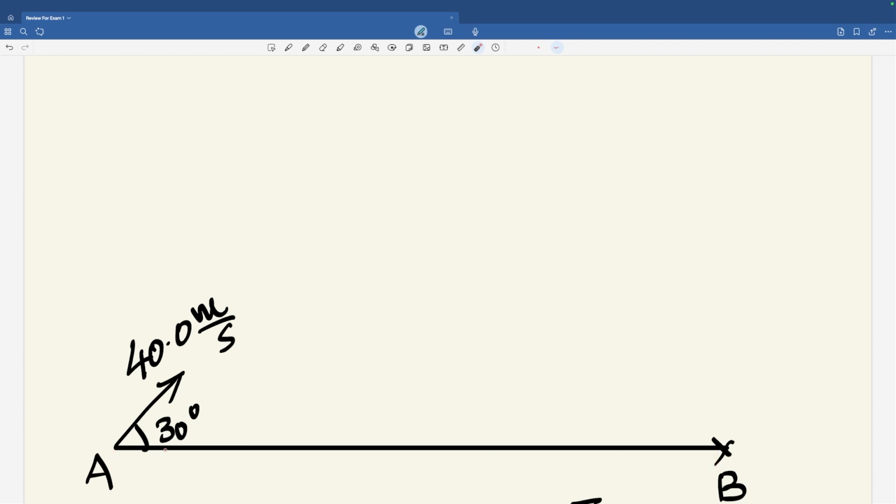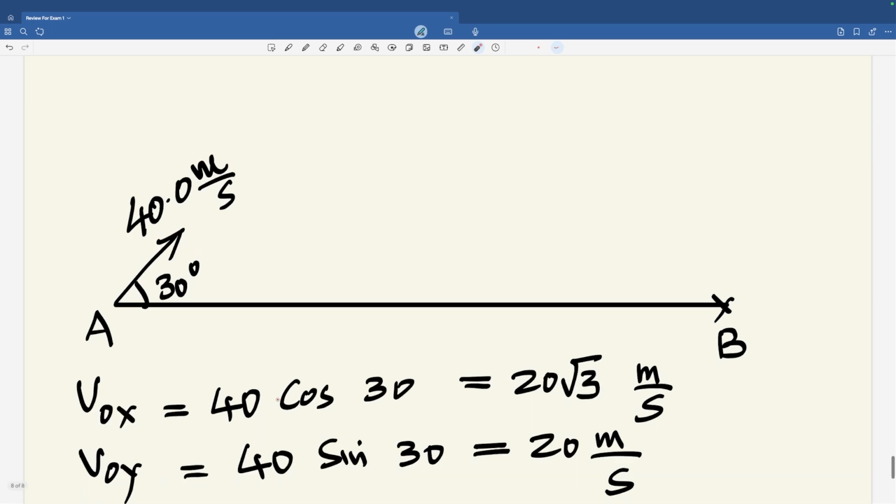Now, in order to do that, you will have to first break this velocity into its x and y components. So that's what I've done first. The x component is always cosine if the angle is taken with the horizontal, which it will be. So it's 40 times cosine of 30, which will give you this number.